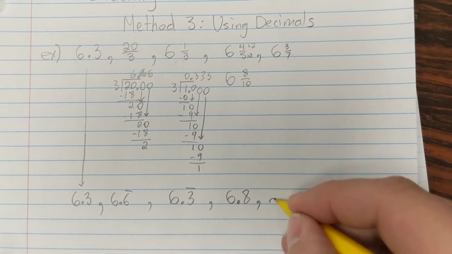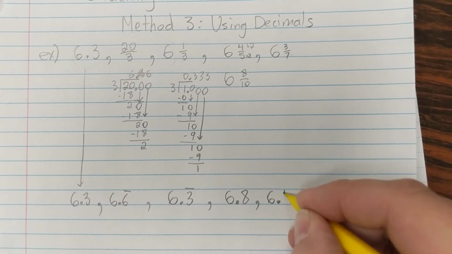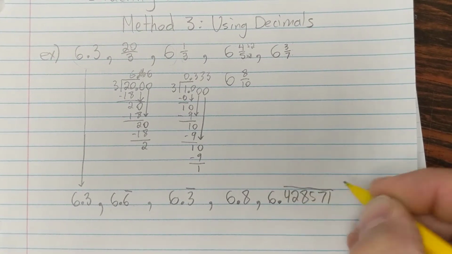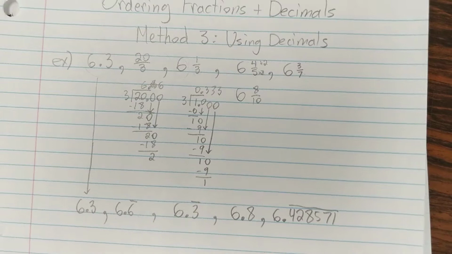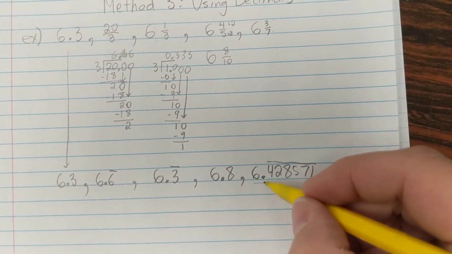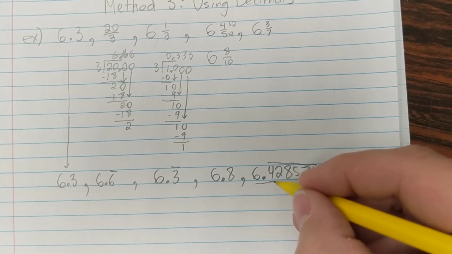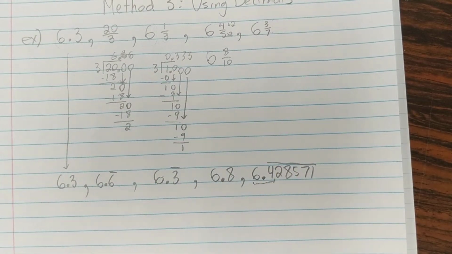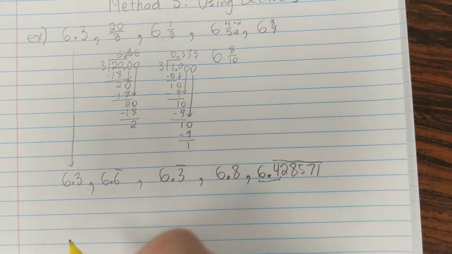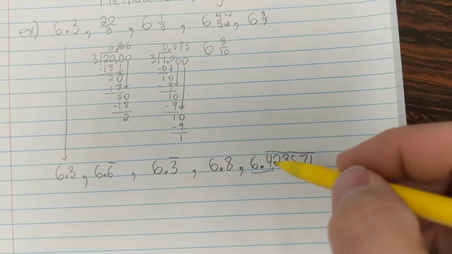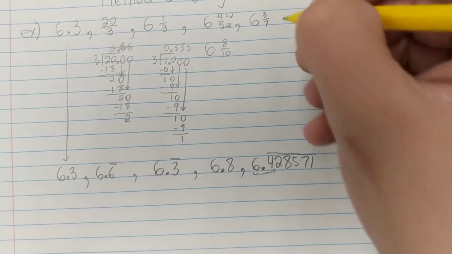So sticking this in, I know it's 2.428571, but it didn't say that I had to figure out the exact decimals in this case. I didn't have to do that whole long division. All I needed to see was the 6.4 part right here, and I would have known where it fit in this list.